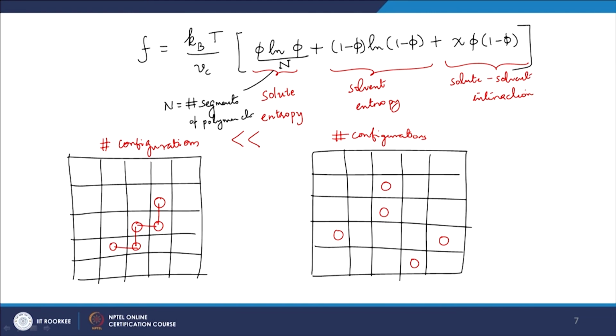In fact, we can pretty much also drop the first term, because polymer entropy in any case will be very smaller compared to the entropy of solvent molecules. So, we will start from this point and then discuss the phase behavior in the case of a polymer solution.